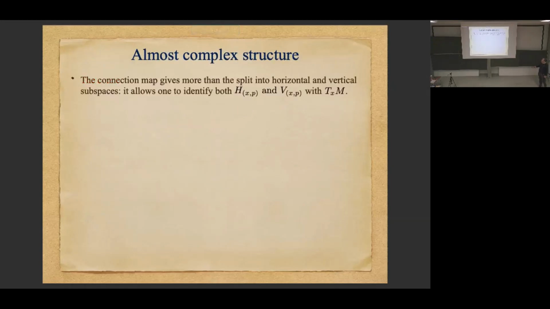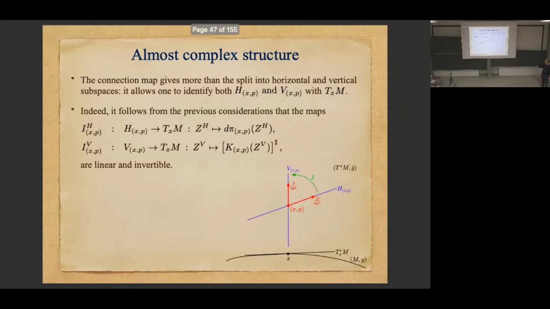All right. Now, besides this split in horizontal and vertical vector subspaces, this connection map gives you more. It also allows you to identify both H and V, so the horizontal and the vertical space, with the tangent space or the cotangent space.